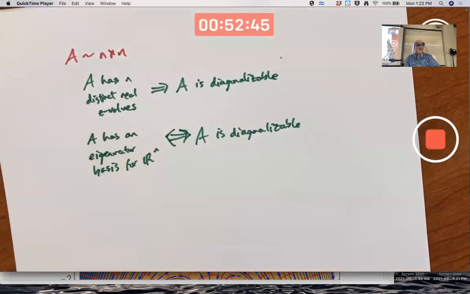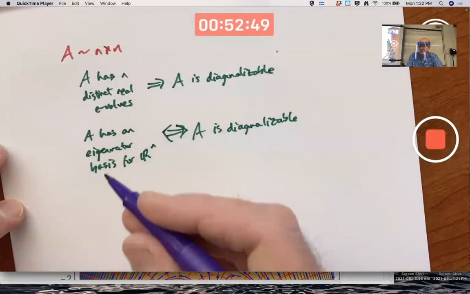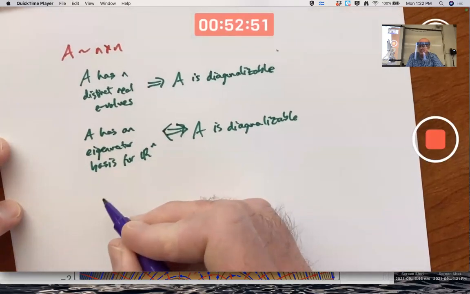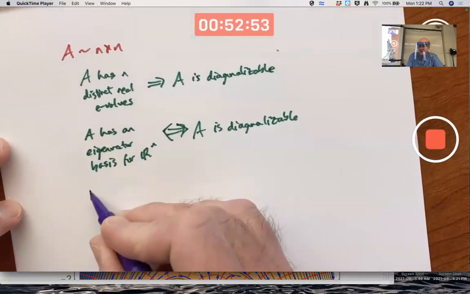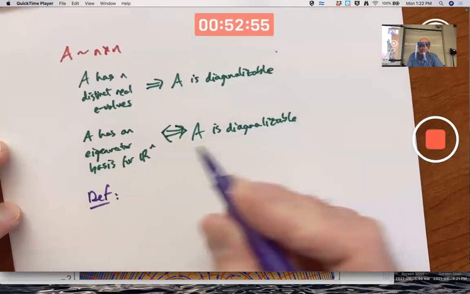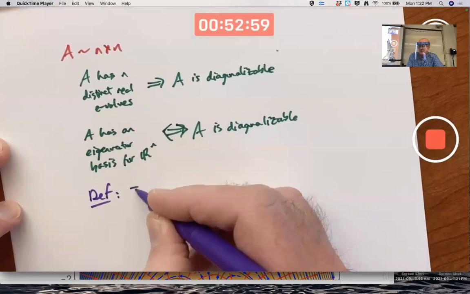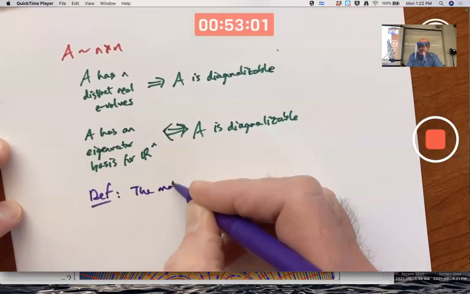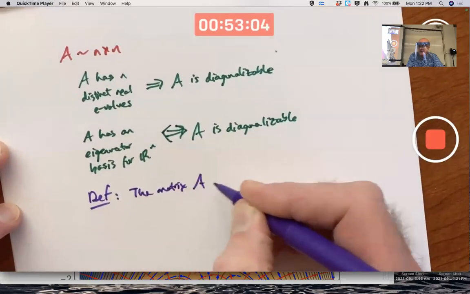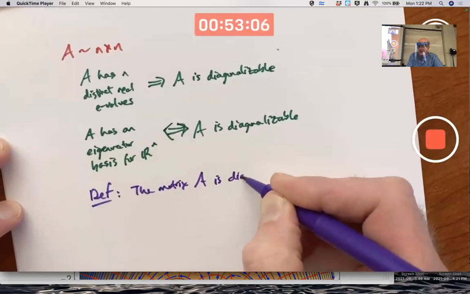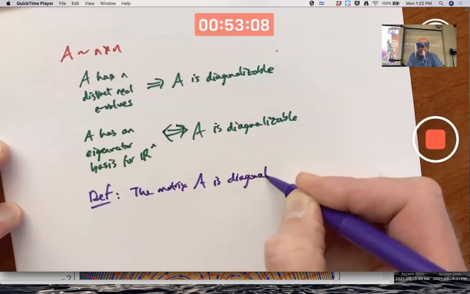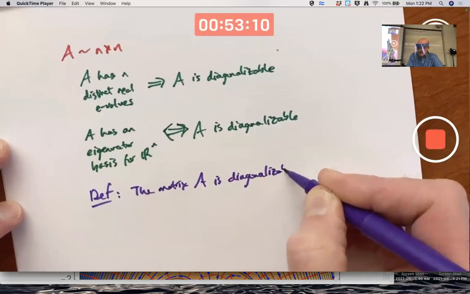And what does diagonalization mean and why is it important? The definition of a matrix being diagonalizable: the matrix A is diagonalizable. This is not a theorem. This is saying what diagonalizability means.